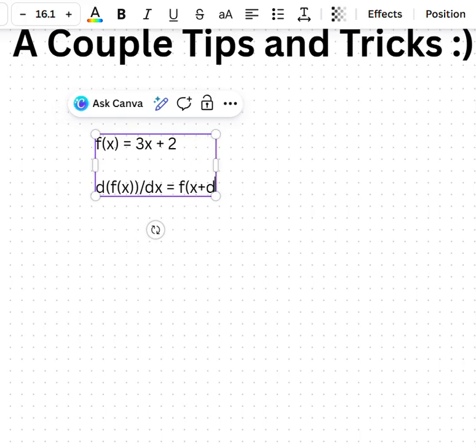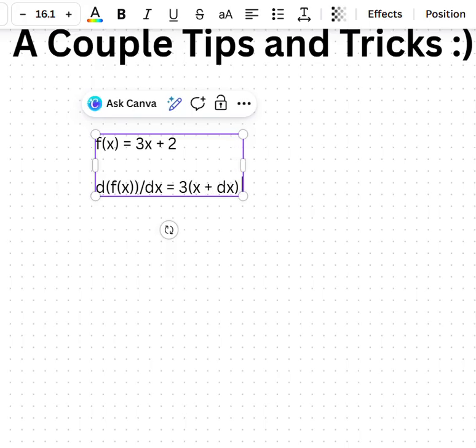That's just equal to 3 into x plus delta x, and we just put the spaces, it helps organize, plus 2. That's the function when we add delta x to x.